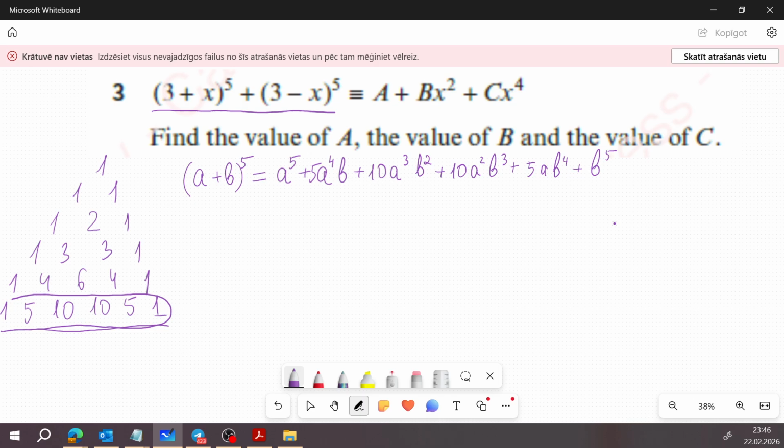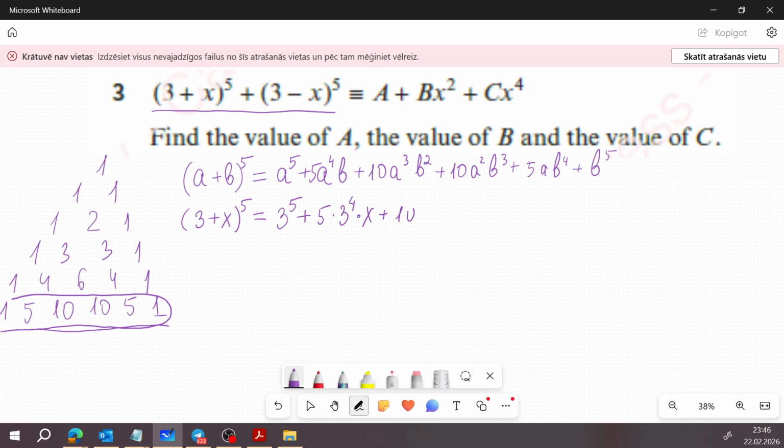Now let us do it for our expressions. Here first 3 plus x to the power of 5. Everything in the same way. Here 3 to the power of 5. The next is plus or minus. You see, now here all the pluses will be, because it will be plus here. So it's going to be plus 5 times 3 to the power of 4 times x.